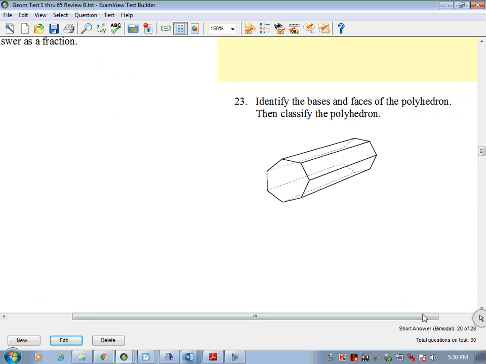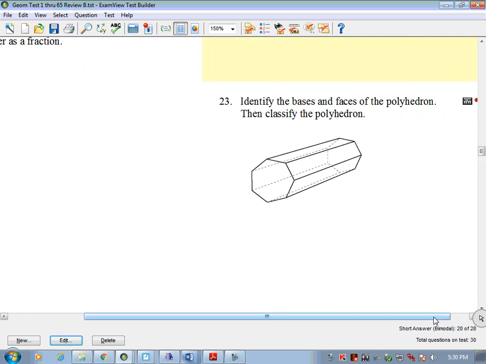23. I'm going to make you listen here. I'm going to save myself a little bit of writing. It says identify the bases and the faces of the polyhedron, then classify it. My bases, okay? 1, 2, 3, 4, 5, 6, 7. So what seven-sided figure do I have there? If I remember this right, it's a heptagon. Okay, so we have 2 heptagons for the bases.